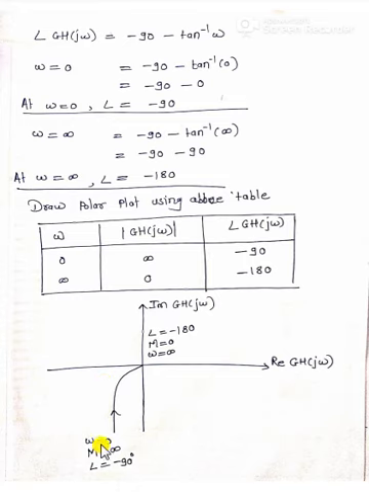So the graph will start from this end and reach the origin like this, where omega is infinity, magnitude is 0 and angle is minus 180 degrees. So this is the Nyquist polar plot for path AD.